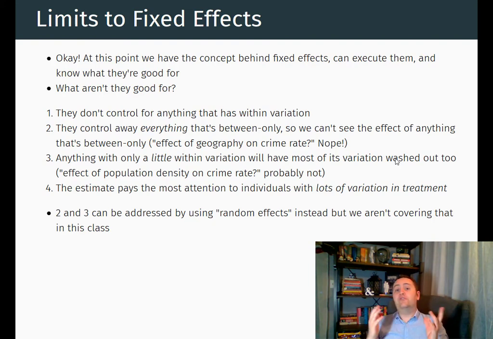This will control for all of our between variation, which is great as long as we don't have any endogeneity problems on the within variation, in which case we'd still need to actively control for those things and include them in our regression, and making sure that the treatment that we're trying to understand has within variation and has a lot of within variation for us to study.